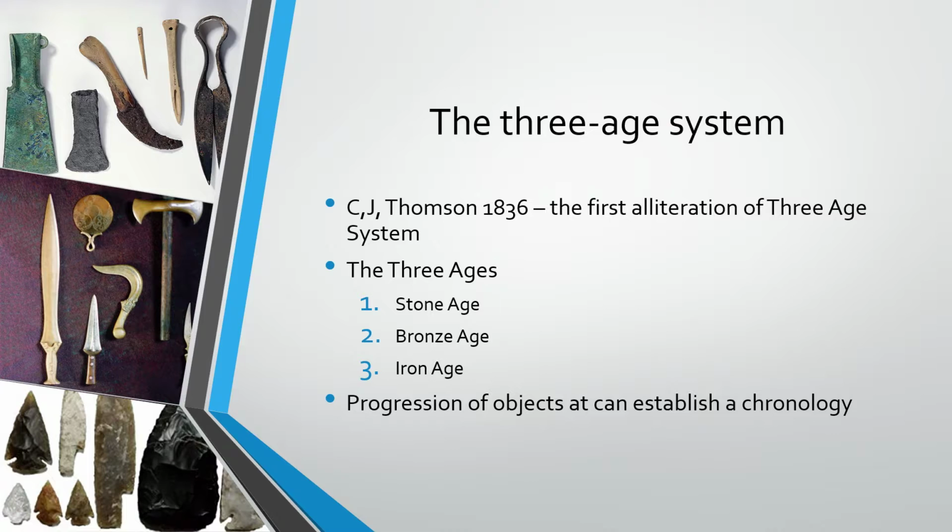And then the last key principle is known as the three-age system. This was developed by C.J. Thomsen, a Danish curator at the National Museum in Copenhagen, who published a guidebook to the museum in 1838, where he categorizes all the objects into three areas: the Stone Age, because they were stone objects; the Bronze Age, because they were all bronze; and the Iron Age, made of iron.